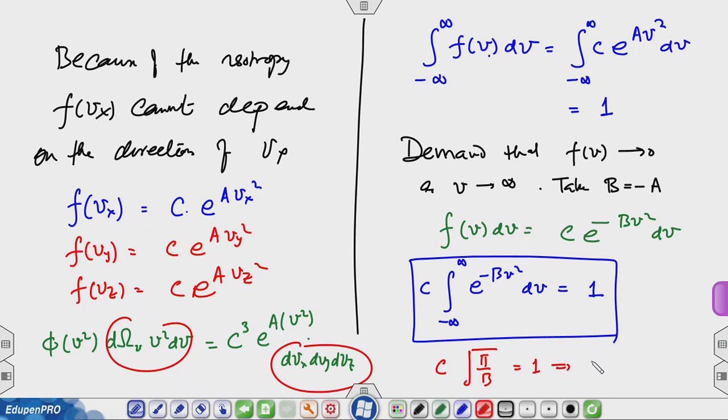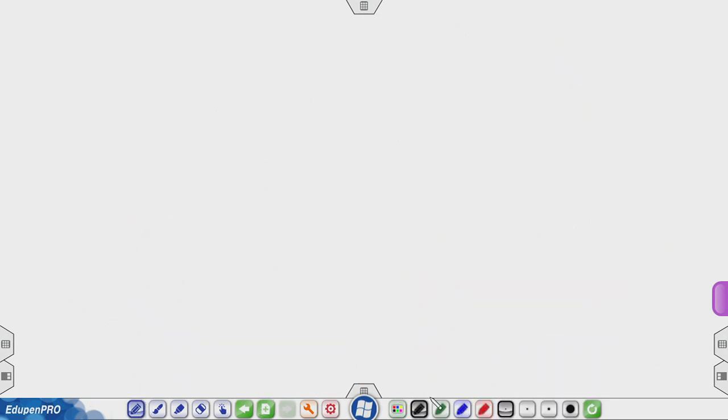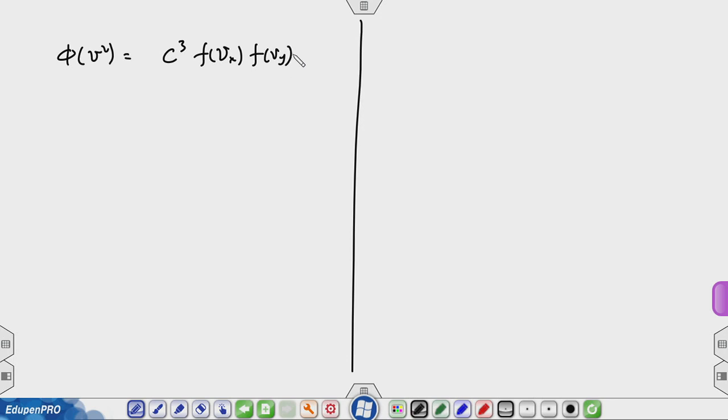And this implies c equals square root of b over pi. So I get phi(v square), which is the product of these three, c cubed f(vx) f(vy) f(vz), to be equal to b over pi raised to 3/2 times e raised to minus b v square.